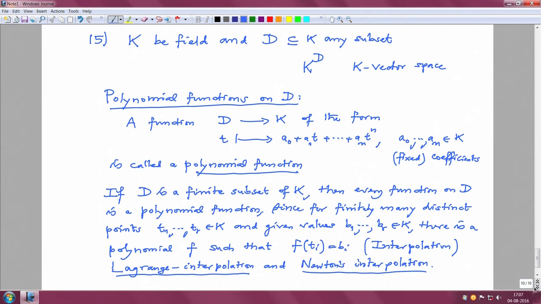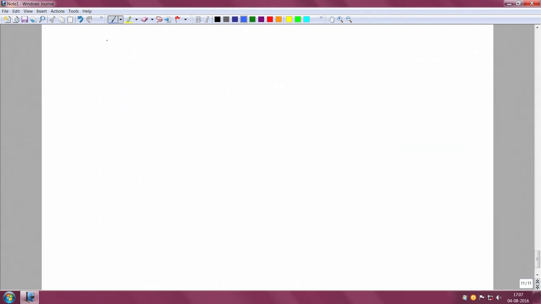Continuing further, the case where D is finite is over. If D is an infinite subset, then the coefficients of a polynomial function are uniquely determined.